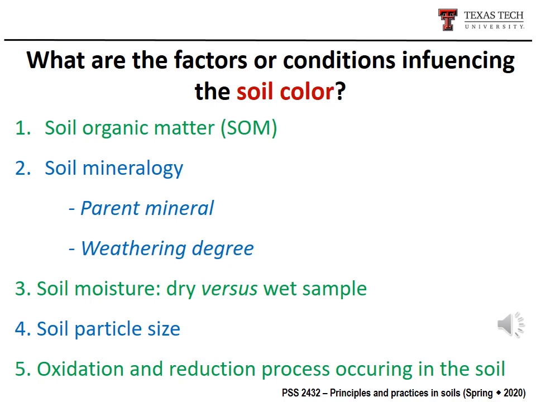Okay, so the soil color is influenced mainly by soil organic matter, clay minerals, soil moisture, soil particle size, and some processes, for example, oxidation and reduction occurring in the soil. That's it.